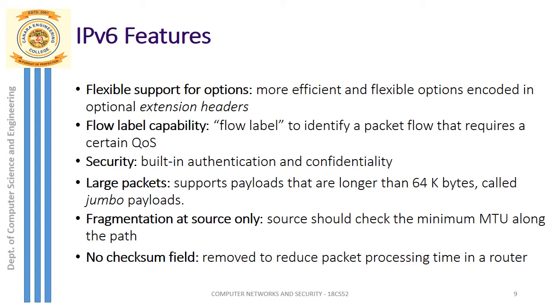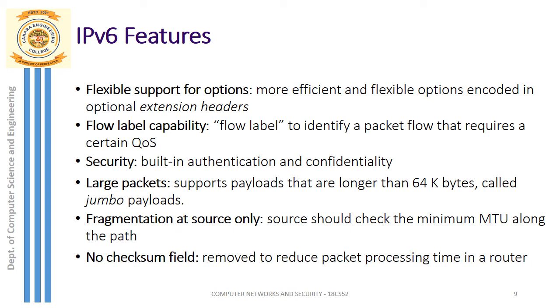We have some features of IPv6, like flexible support for options. Even though the option field is removed in IPv6, we have separate headers called extension headers, which are used for different purposes. The next feature is flow label capability. We have seen that there is a new field in the IPv6 header called flow label to identify a packet flow that requires a special quality of service.